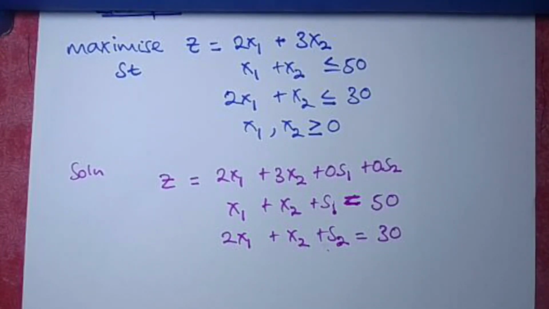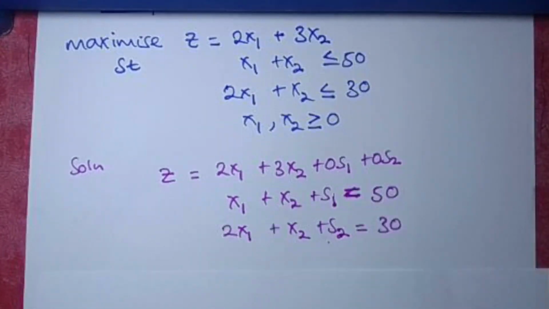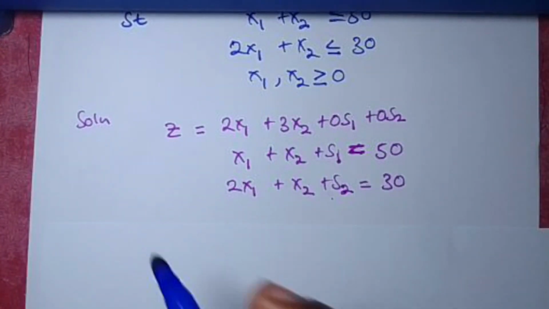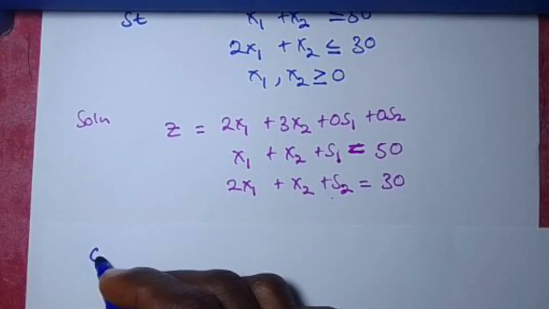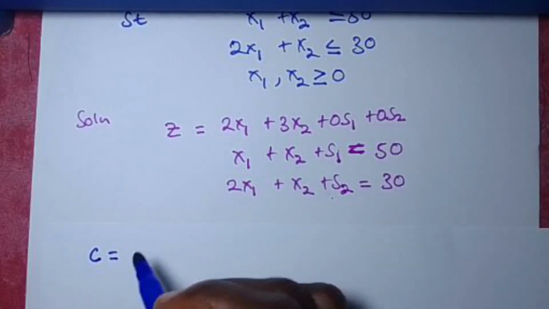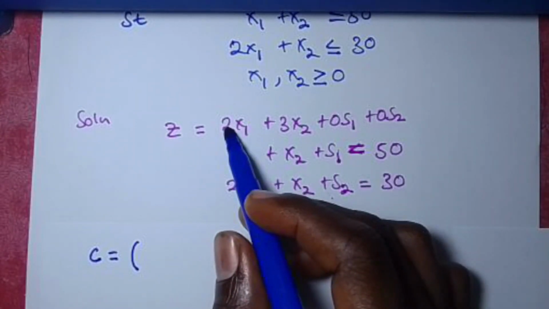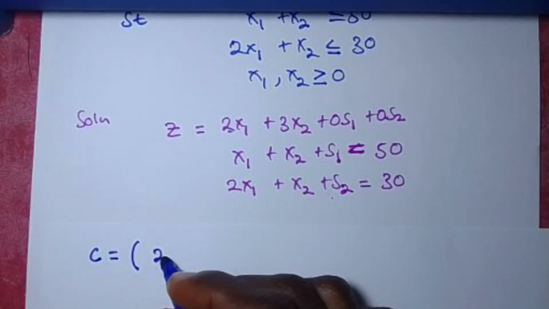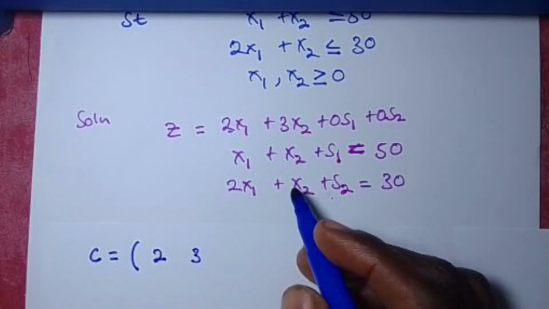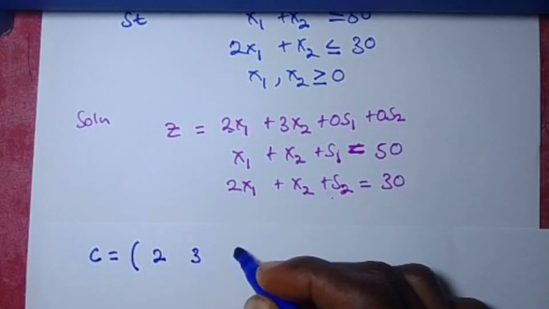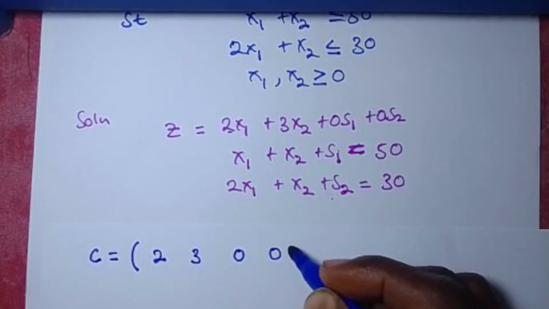A set for the coefficients is written in this form, as a row: the coefficient of x1 is 2, of x2 is 3, of s1 is 0, and of s2 is 0.